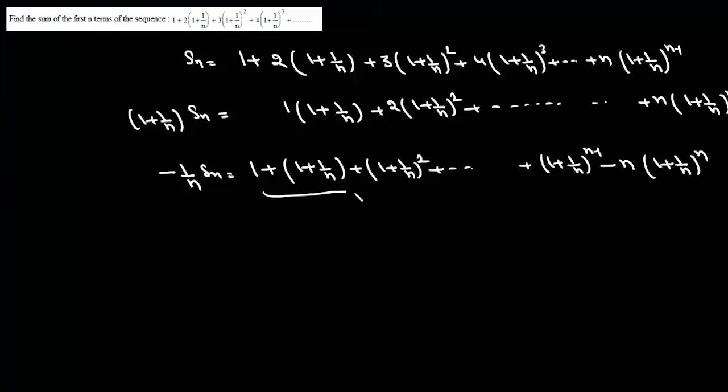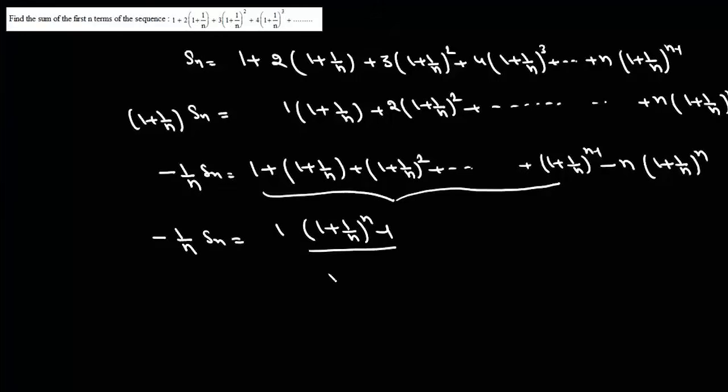Now it is nothing but a GP with first term 1, common ratio 1 plus 1 by n, and number of terms n. So minus 1 by n Sn will be a, and then r to the power n, which is 1 plus 1 by n to the power n minus 1, upon r minus 1.